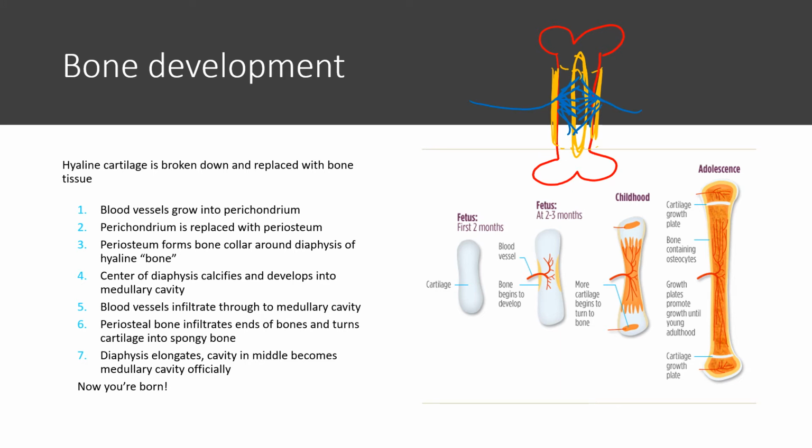The epiphyses we haven't talked about yet, right? It's all been diaphysis. So that periosteal bone is going to infiltrate the ends of the bones and turn cartilage into spongy bone. So you see you had some periosteum here. That was one of the earlier things that happened, right? Perichondrium turned into periosteum.